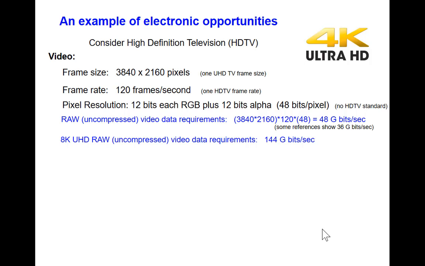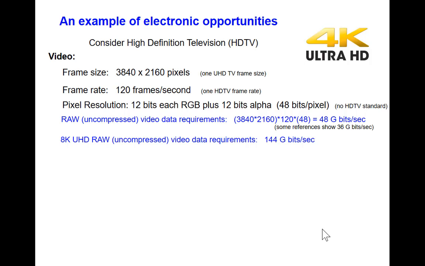Does anybody get UHD on their cell phone? You have UHD on your cell phone? Yeah. Pretty nice display. So the raw uncompressed video requirements are 48 gigabits per second. Some places say it's 36.